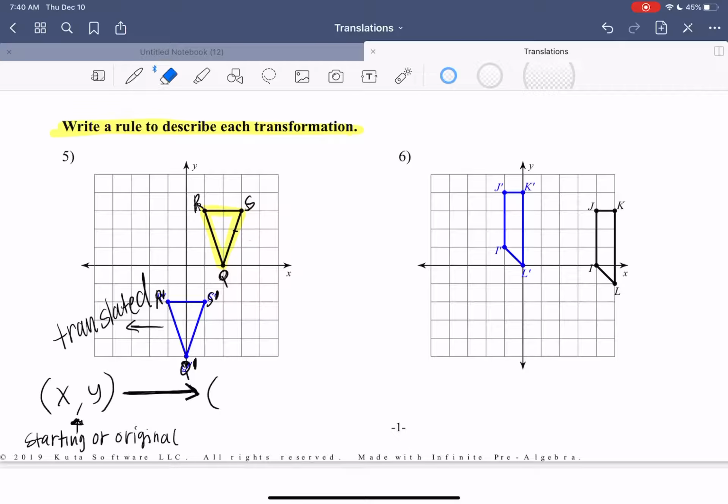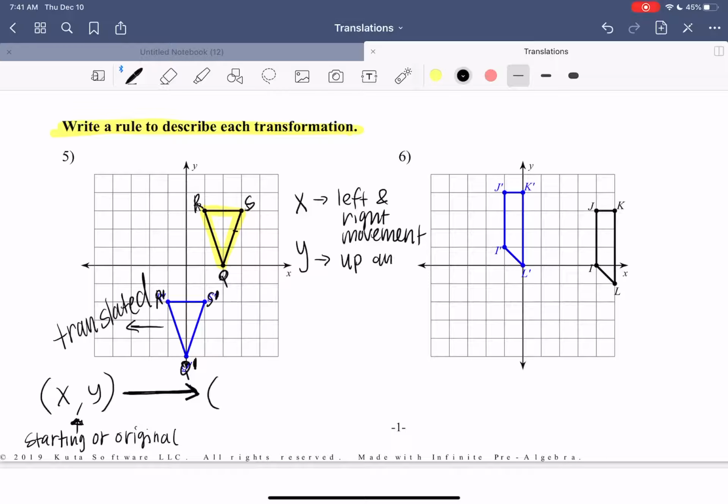We're going to talk about how we write that specifically. First we need to address some of the parts of this graph. We have an X and a Y axis. The X is associated with left and right movement, and Y is associated with up and down movement.